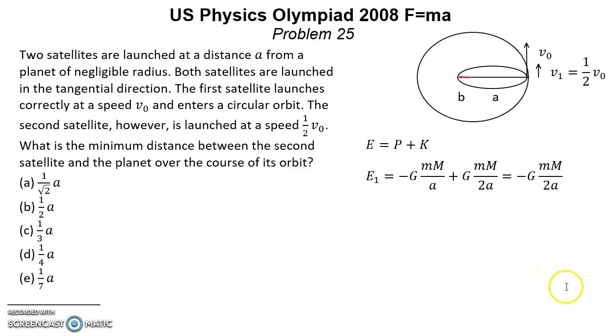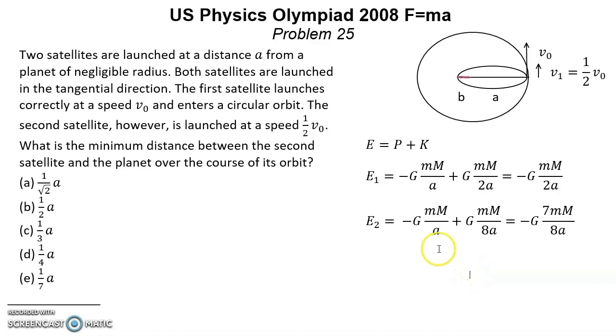That will be this expression. We have potential energy at this point that is the same, negative GMm over a, but kinetic energy 4 times less than the kinetic energy of the first satellite, because the speed is twice less.